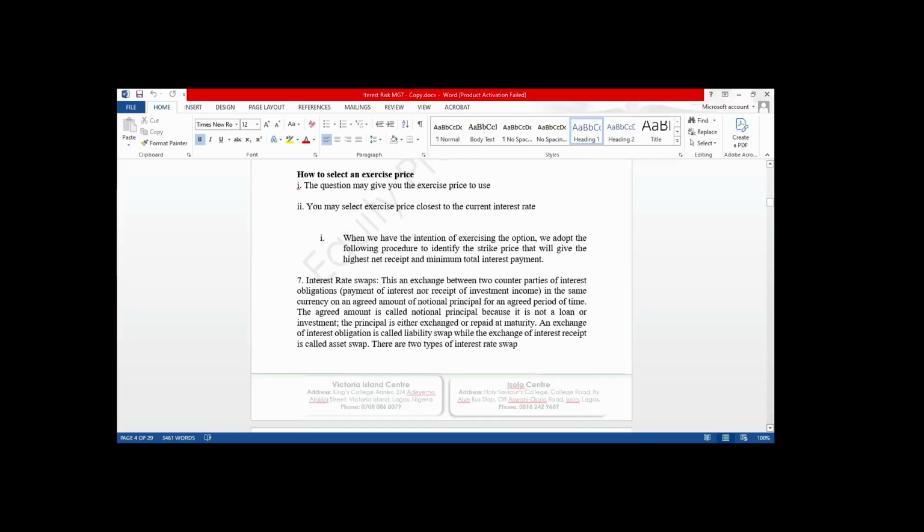An interest rate swap is an agreement between two counterparties to exchange interest rate obligations. When we get to questions, we are going to dwell more on this.